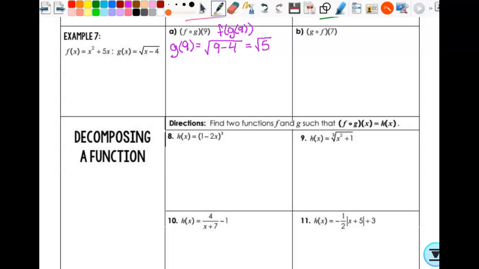I promise you. I wouldn't make you go, I don't know why we would bother doing the rest if we could just do it easier like that. So we get the square root of 5. So then I'm going to do f of the square root of 5. That's equal to the square root of 5 squared plus 5 times the square root of 5.